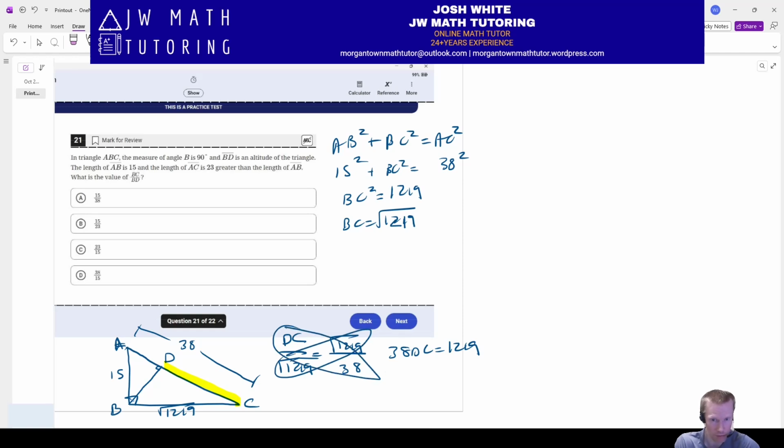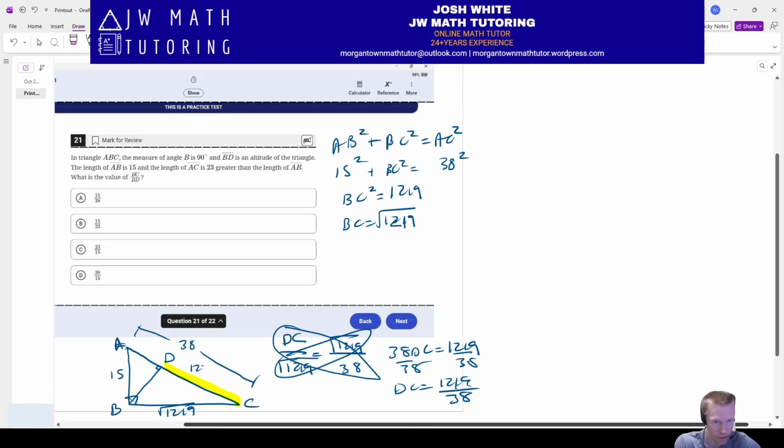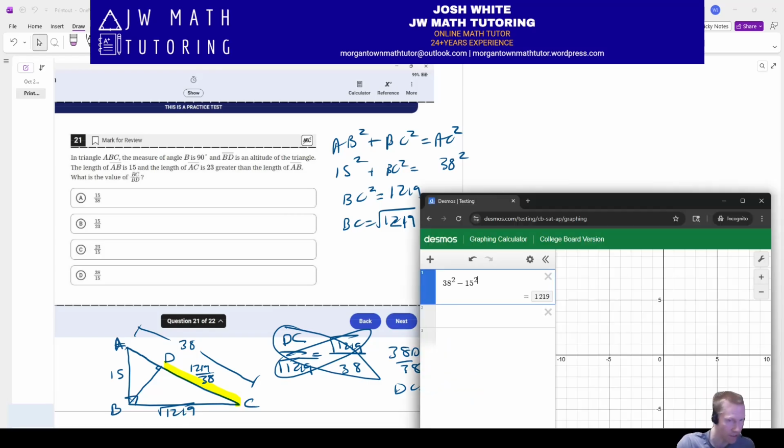Again, just cross multiplying. Divide by 38. So DC is equal to 1219 divided by 38. All right? And again, if you wanted to, you could go into Desmos and just get the exact value here. Whatever, I'm just going to call that D for right now.